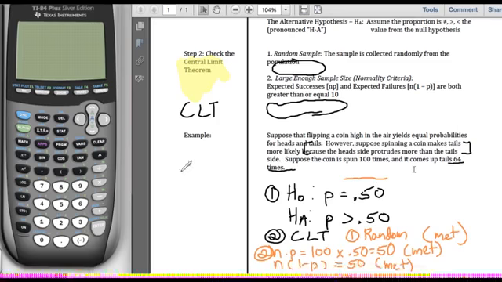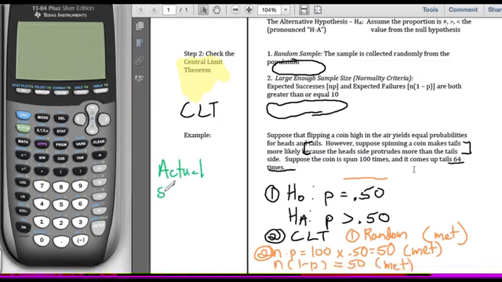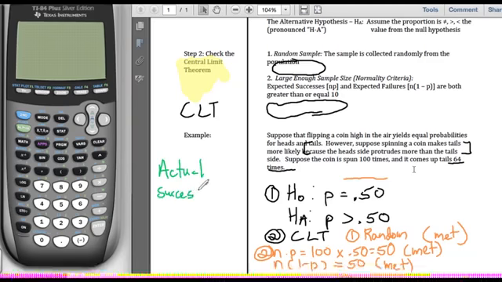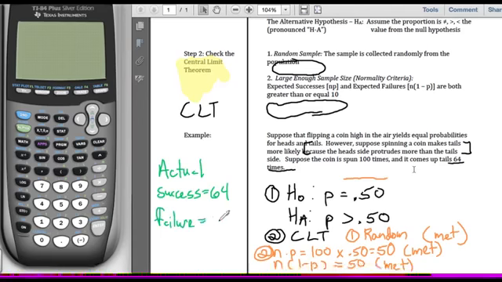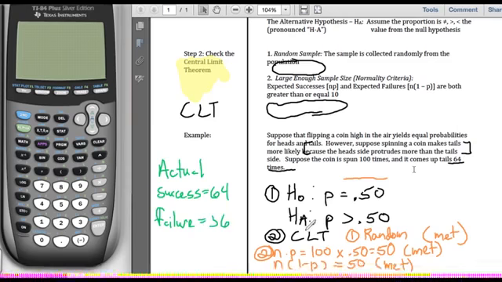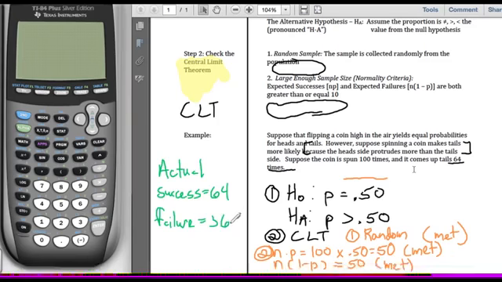Just a quick note before we move on. My actual success number is 64. And my actual failure number is 36. It came up tails 64 times. That's my success number, which means it came up heads, the other option, the failure, 36 times.